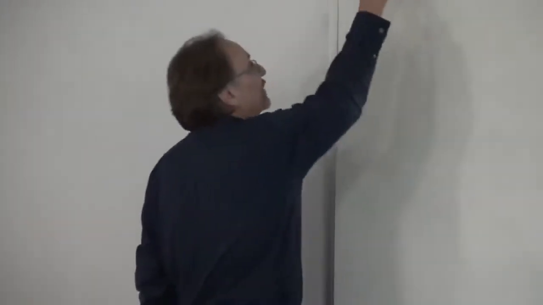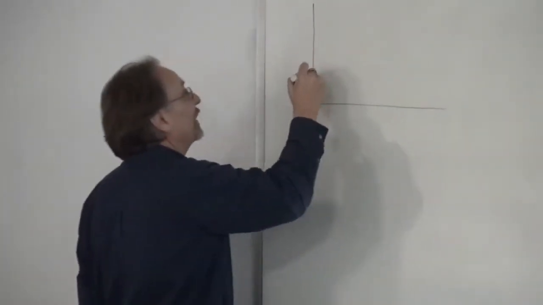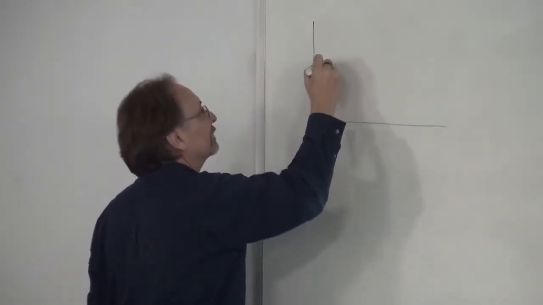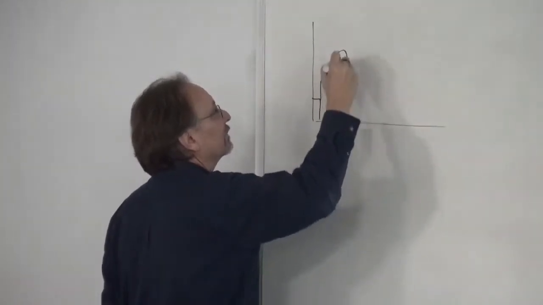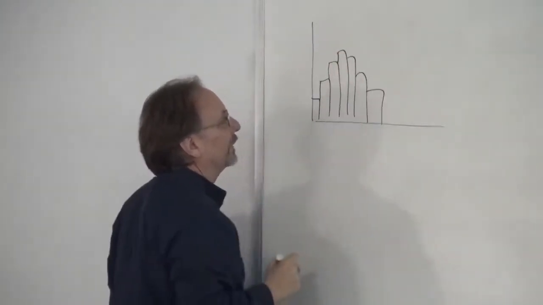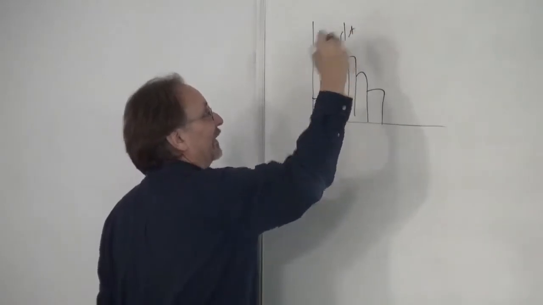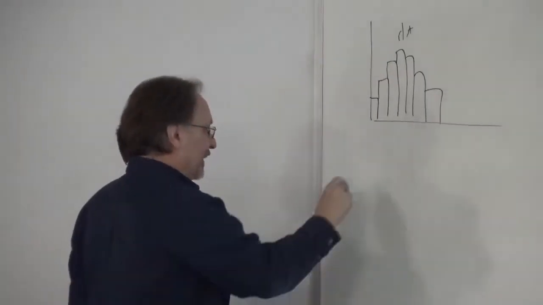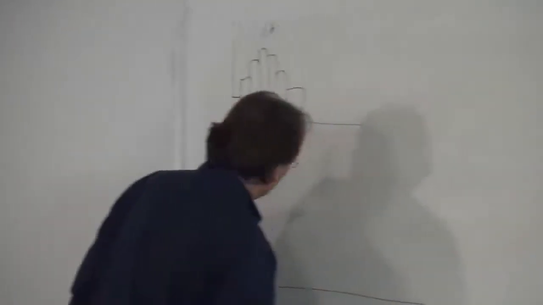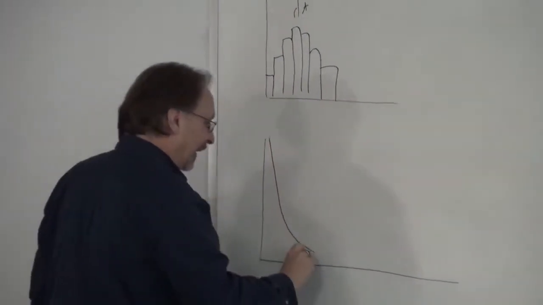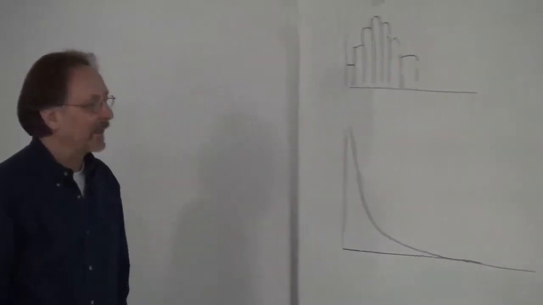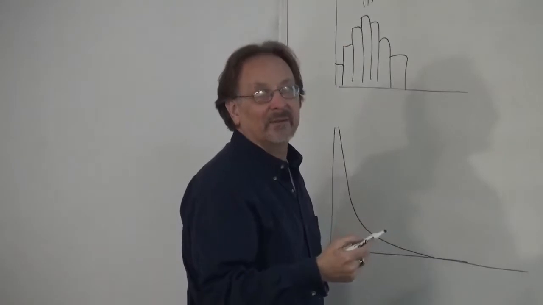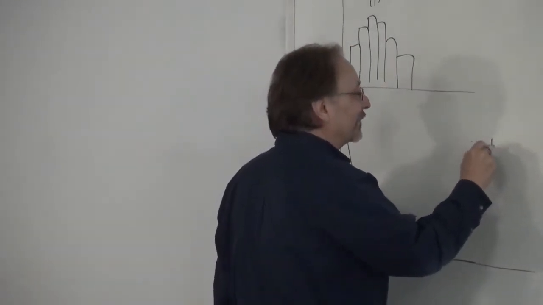However, the exponential distribution, instead of having this kind of shape that's discrete, where this is lambda t here, has a continuous shape, which is a decay. And like I said, that can be used for not the number of arrivals, but inter-arrival times. That's different.